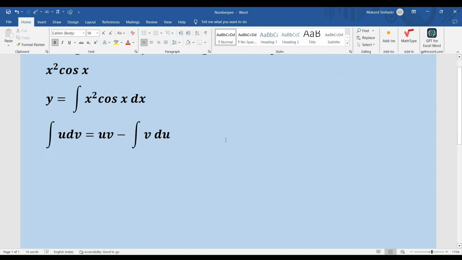So the key to solving this problem is choosing the right u and v, right? Now my u has two possible options. It has an x square or it can also take a cos x, right?